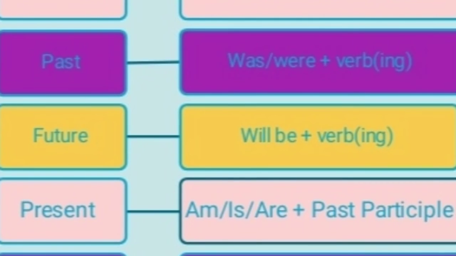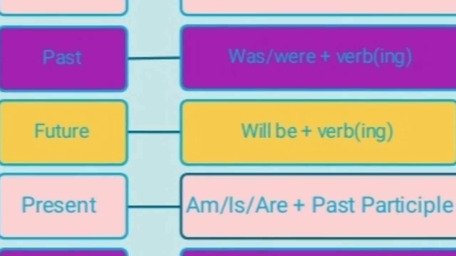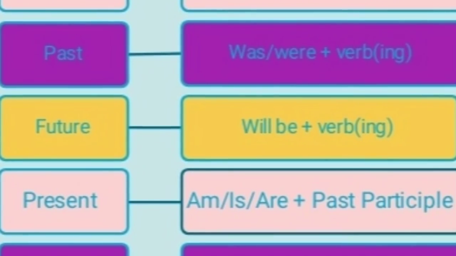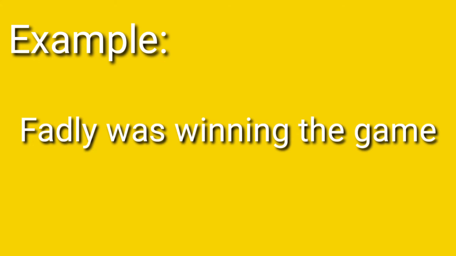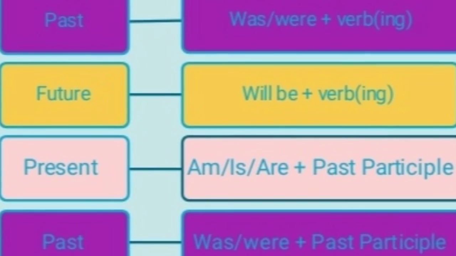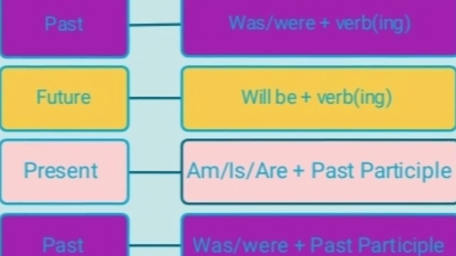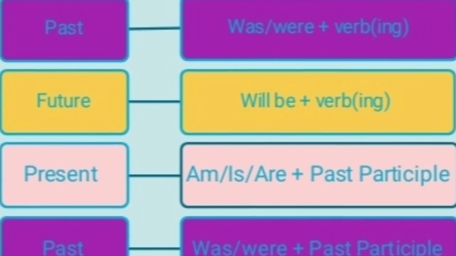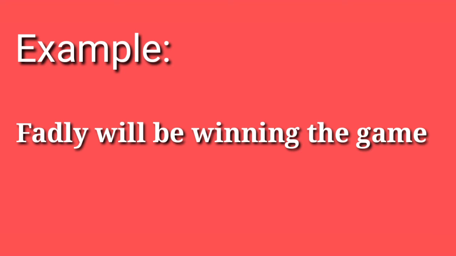For example, Fadli is winning the game. In past, we will use was or were plus verb ing. For example, Fadli was winning the game. As for the future, we will use will be plus verb ing. For example, Fadli will be winning the game.